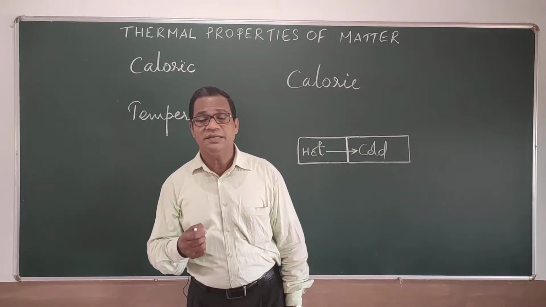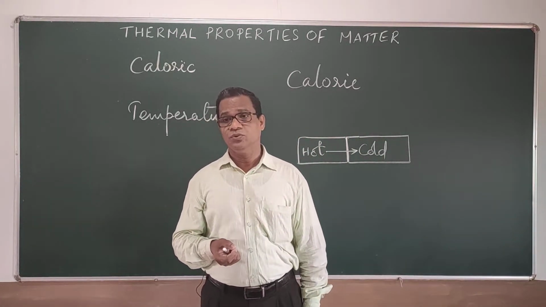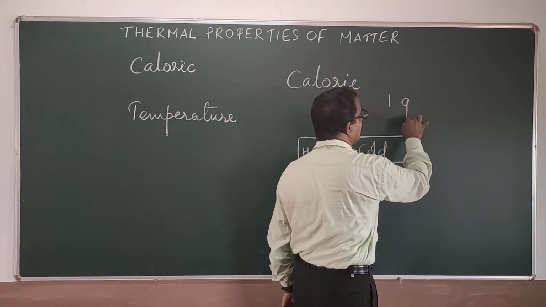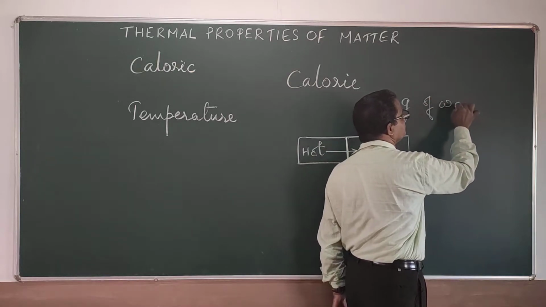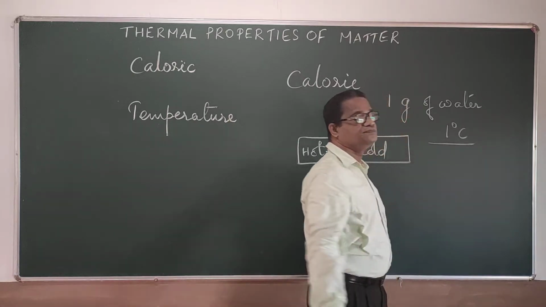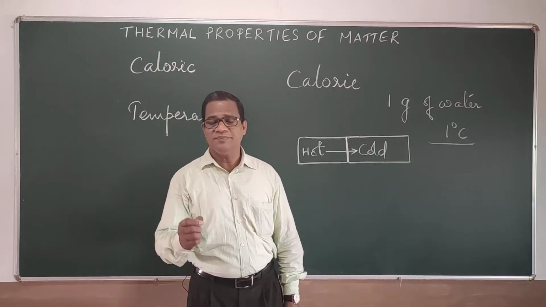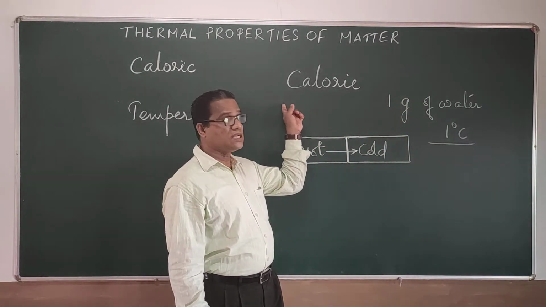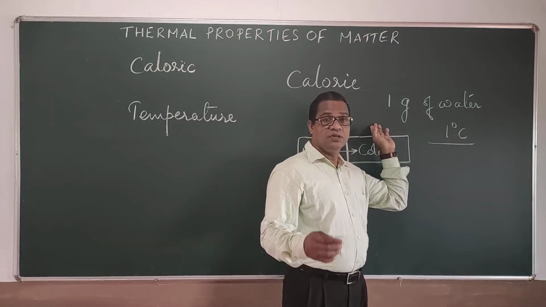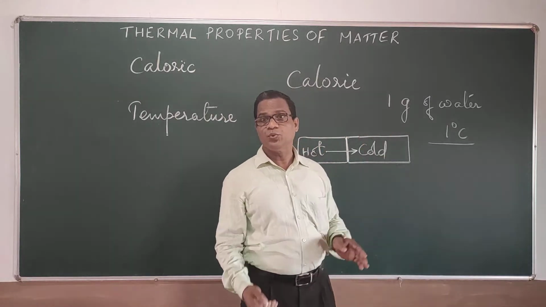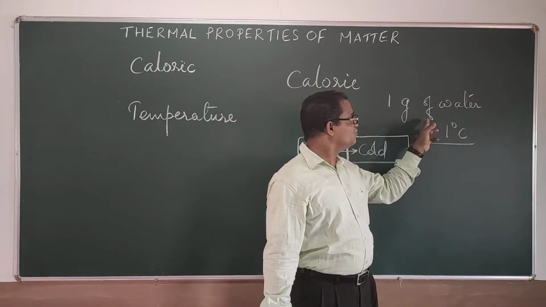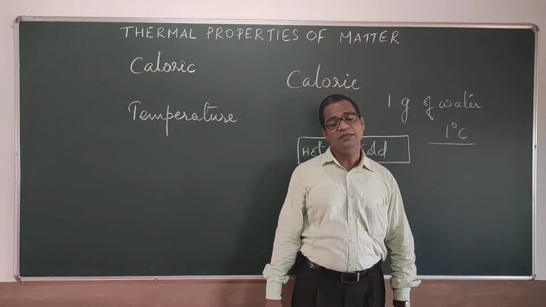It is the heat energy required to raise the temperature of 1 gram of water by 1 degree Celsius. So this is the basic definition given for 1 calorie. 1 calorie equals the heat energy required to raise the temperature of 1 gram of water through 1 degree Celsius.